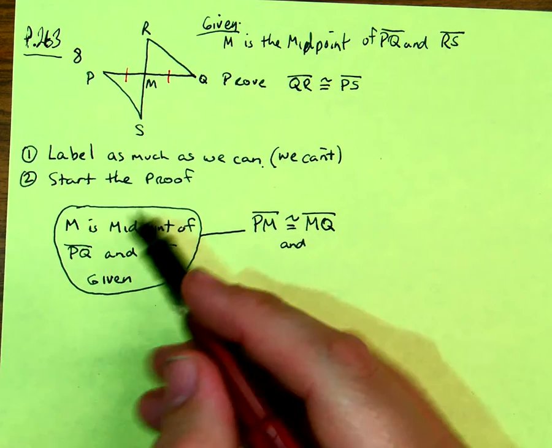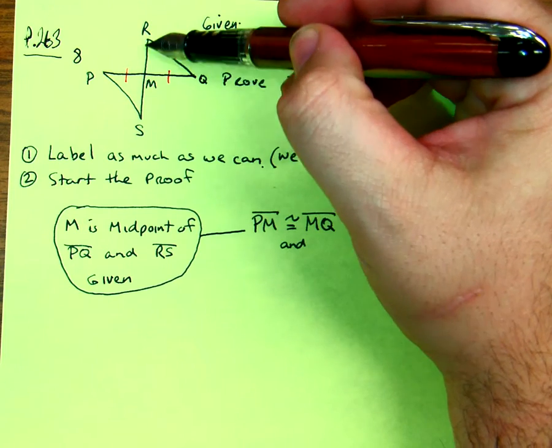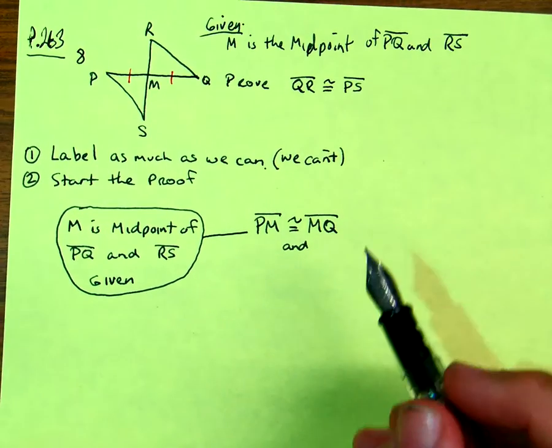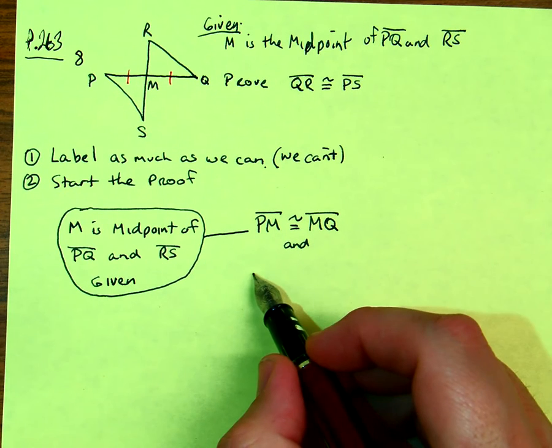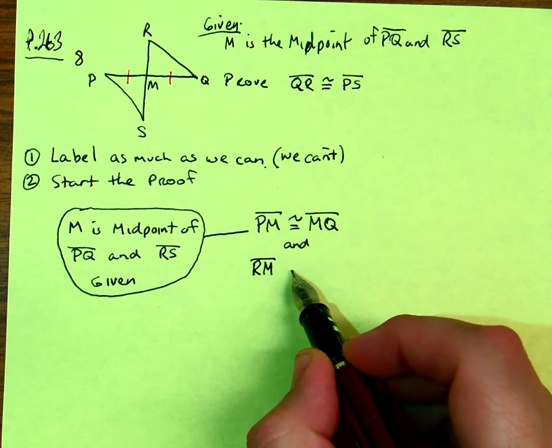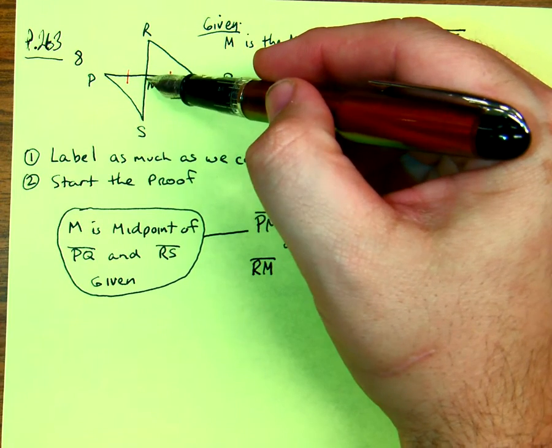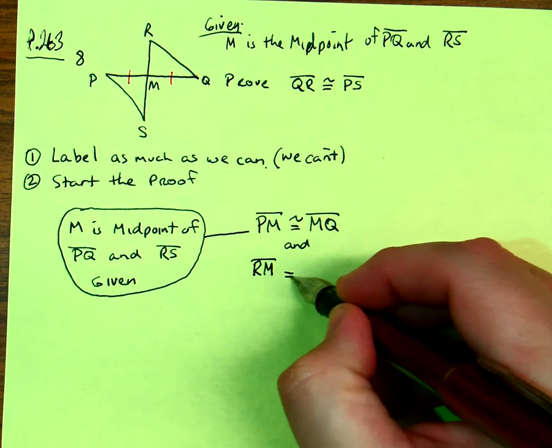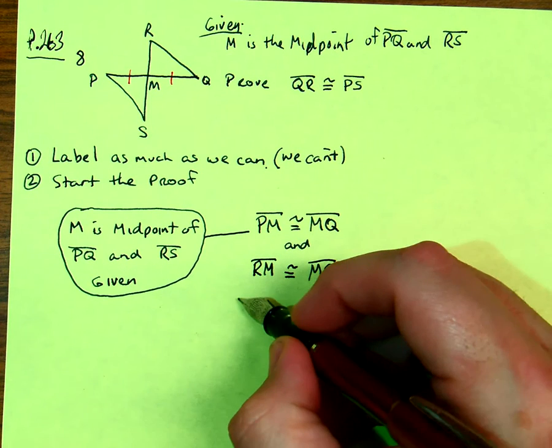Now, it also says that M is the midpoint of RS. So what two segments are congruent to each other from RS? Yeah, the RM and then the MS. RM is congruent to MS. And the reason?